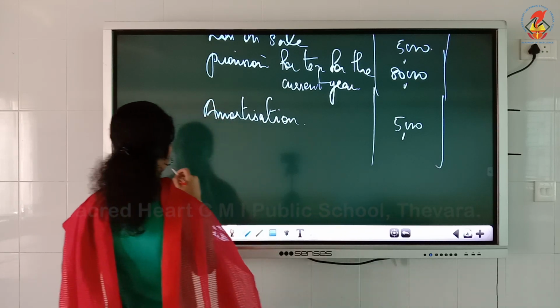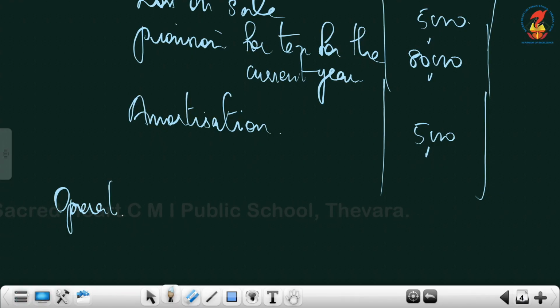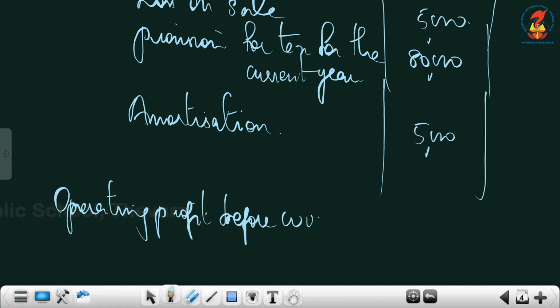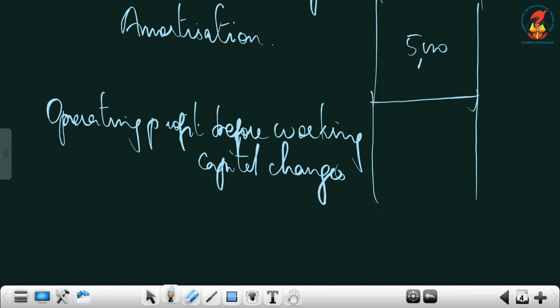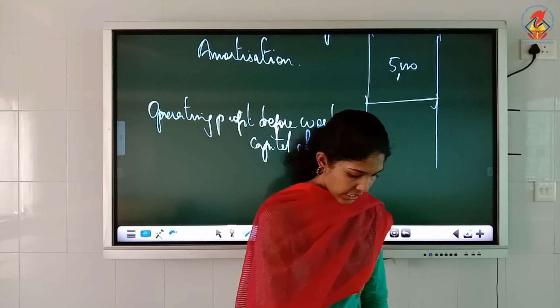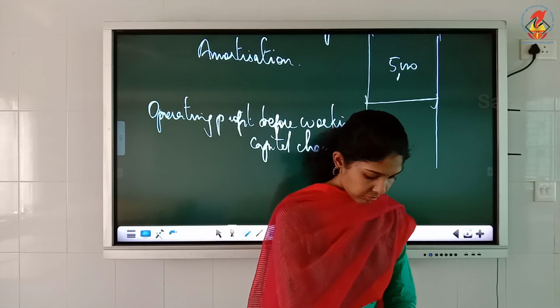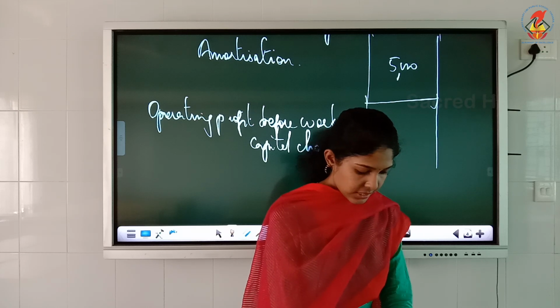So, what we get now is operating profit before working capital changes. This figure also will be written in the inner column. The amount is 2,62,000.